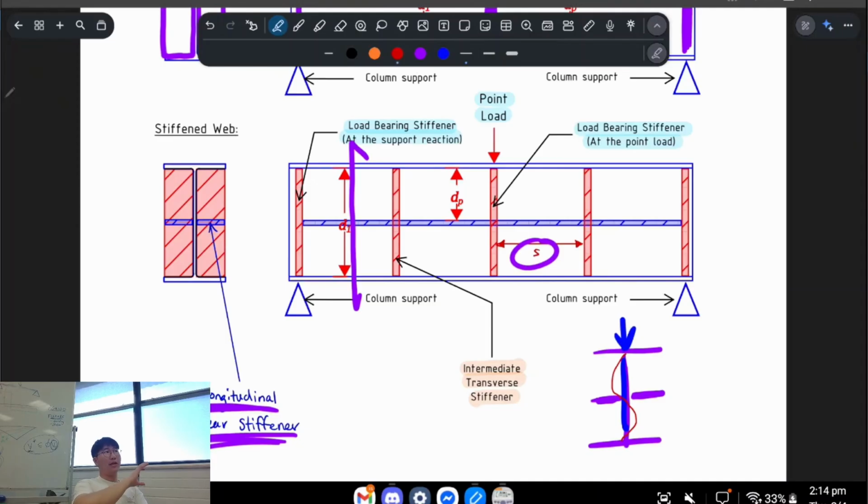So instead of a localized effect, this entire region that has this longitudinal stiffener has a restraint in the middle, right? So you know how when we were talking about columns and compression, we were talking about effective length? We've halved the effective length by adding a longitudinal stiffener. So that makes sense?